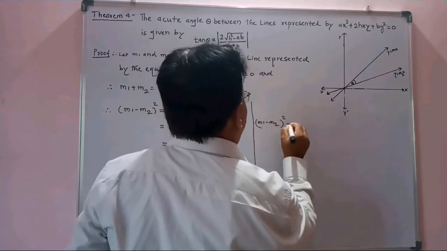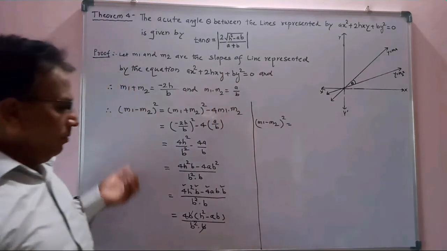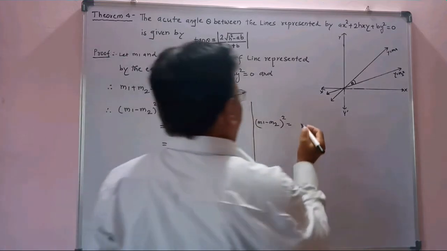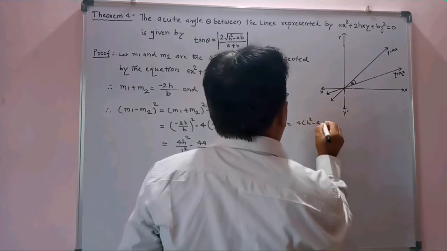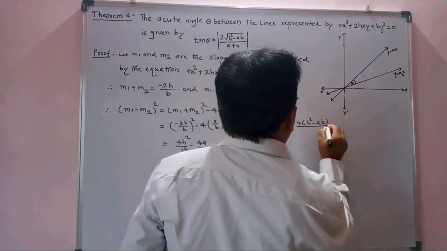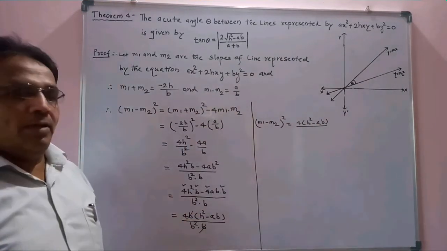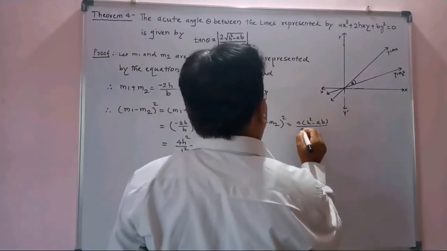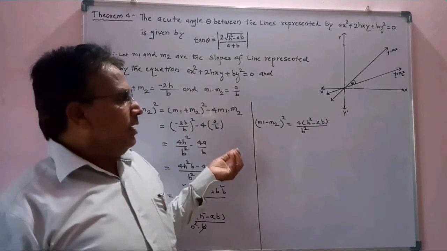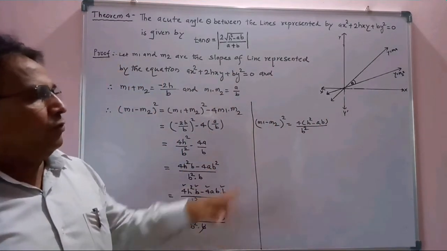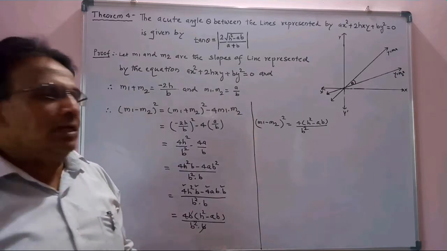Therefore (m1 minus m2) bracket square equal to 4 into (h square minus ab) divided by b square.